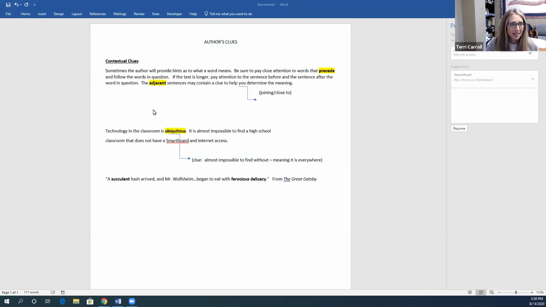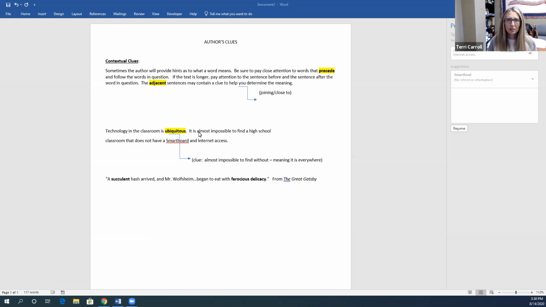Let's look at this next example. This is a word. Technology in the classroom is ubiquitous. Now, how many of us know the word ubiquitous? That's a pretty big word. But let's keep reading and see if the author gives us a clue. It is almost impossible to find a high school classroom that does not have a smart board and internet access.